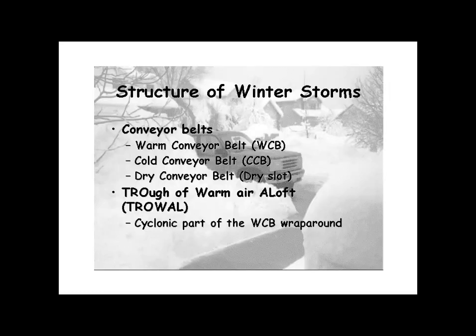Let's review the structure of winter storms, and again, this is a review from the cyclogenesis session where we went quite a bit into conveyor belts, the warm conveyor belt, the cold conveyor belt, the dry slot, as well as the trough of warm air aloft.